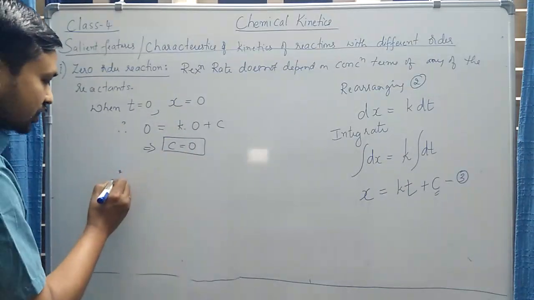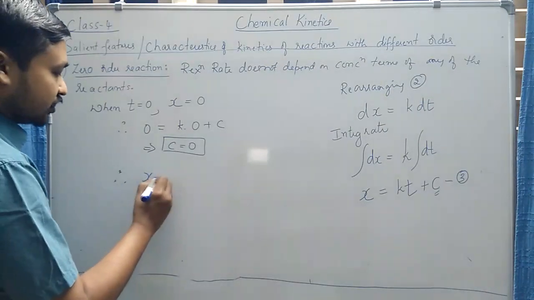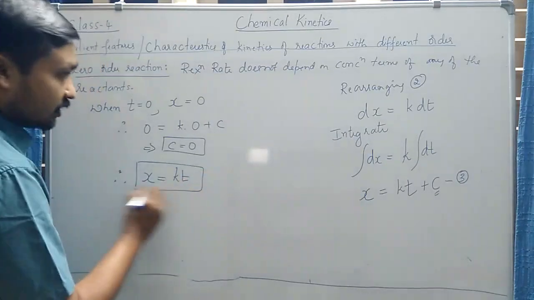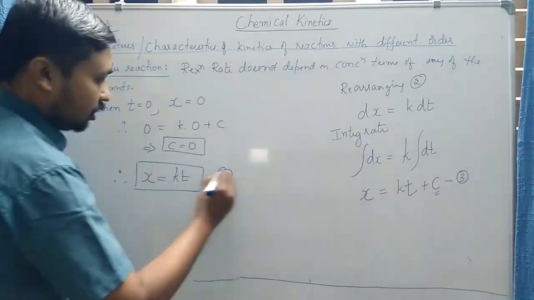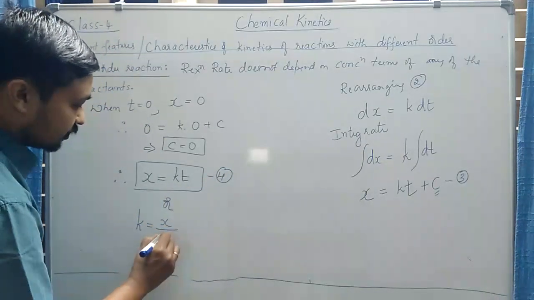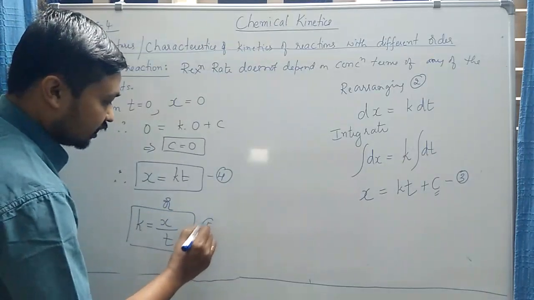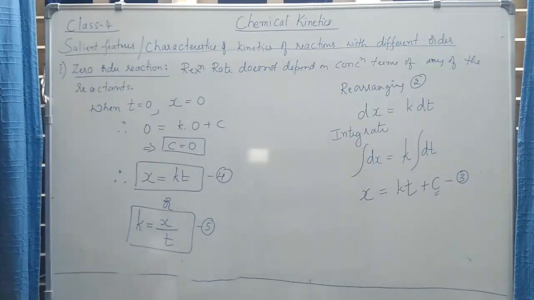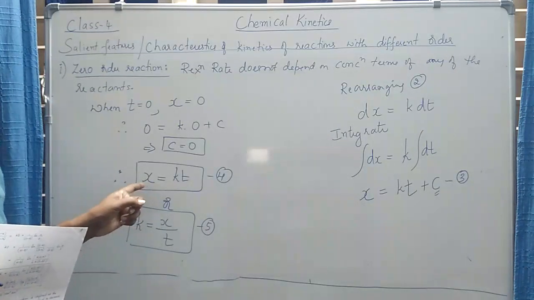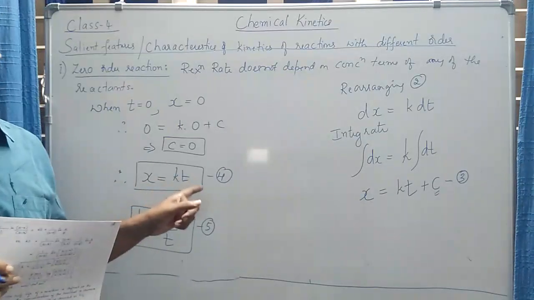So the equation therefore we are supposed to deal with is x is equal to k into t, or if I rearrange this equation, k is equal to x divided by t. So these are the governing equations for a zero order reaction. x, the concentration of the product formed or the reactant consumed, is equal to rate constant into time t.